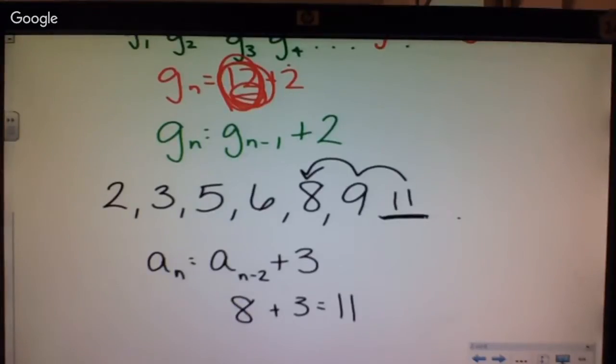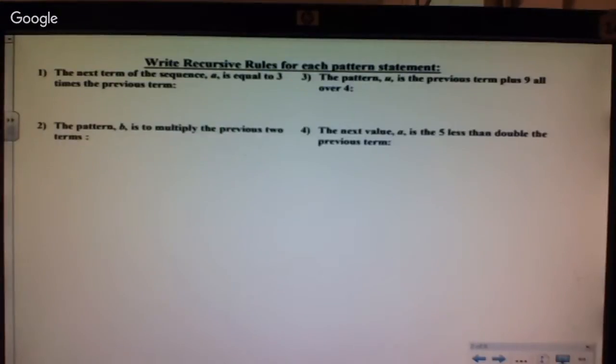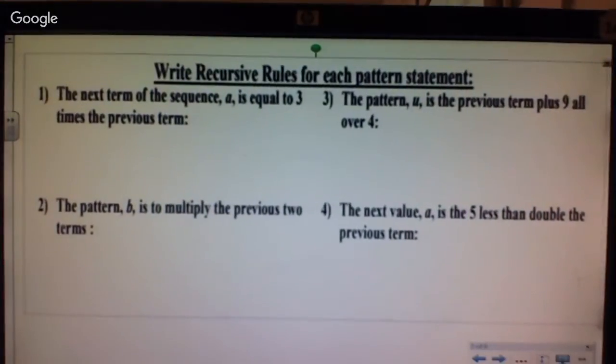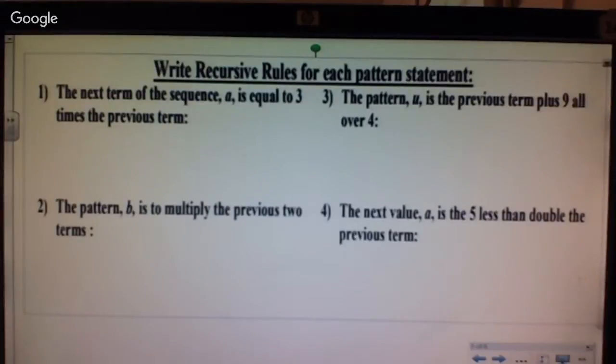Everybody get this example? We good? All right, let's see what we can do. So now I'm giving it to you in words. Let's see if we can write the equation. So it says the next term of the sequence A. So that means my equation should start a sub n, because it's telling you your sequence is A. Is equal to 3 times the previous term.